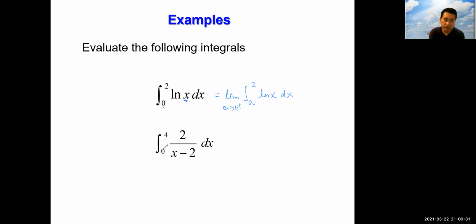For this one, the function is not continuous at 2, between 0 and 4, so you have to split into two integrals: from 0 to 2 of 2 over x minus 2, plus from 2 to 4 of 2 over x minus 2 dx. So you split into two, and each of these will be an improper integral.